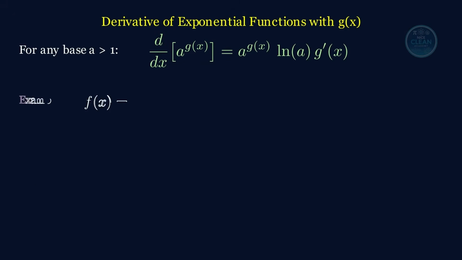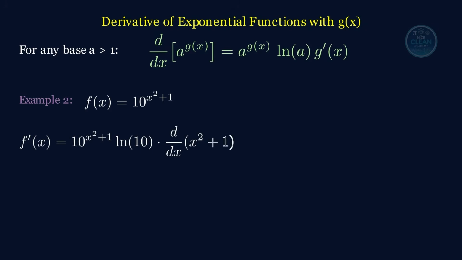Next example. F of x equals 10 raised to the power of x squared plus 1. Step 1. Differentiate the outer exponential. F prime of x equals 10 raised to the power of x squared plus 1 times ln of 10 times the derivative of x squared plus 1. Step 2. The derivative of x squared plus 1 is 2x.